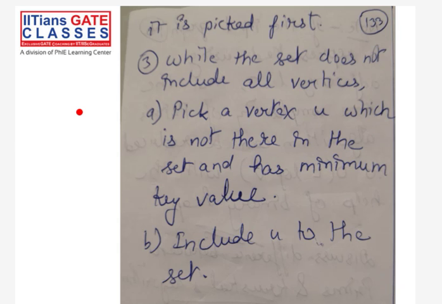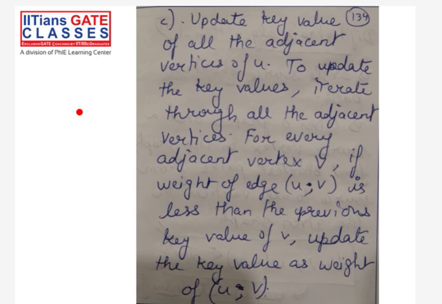And then you have to update. Now this is the update part. Update key value of all the adjacent vertices of u, because only those adjacent vertices will get affected. To update the key value, iterate through all the adjacent vertices, vertex v.